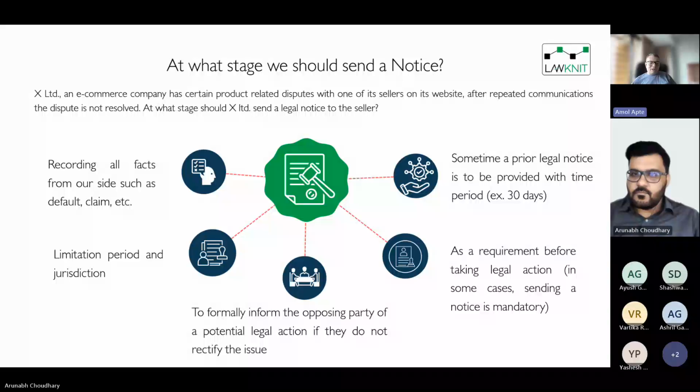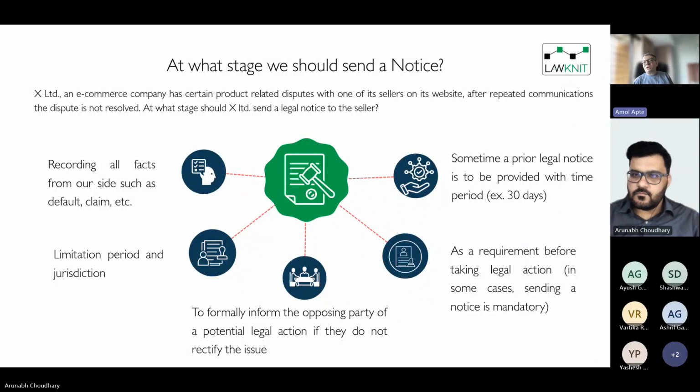But keeping that factor aside, there is a concept of continuing cause of action under civil law, where if a cause of action has continued over a period of time and still continues to cause enough harm, damage or losses to me as a party to the contract, I may still send out a legal notice stating that it is a continuing cause of action, and therefore the notice sent today, 6 or 8 months down the line, is also a valid notice.